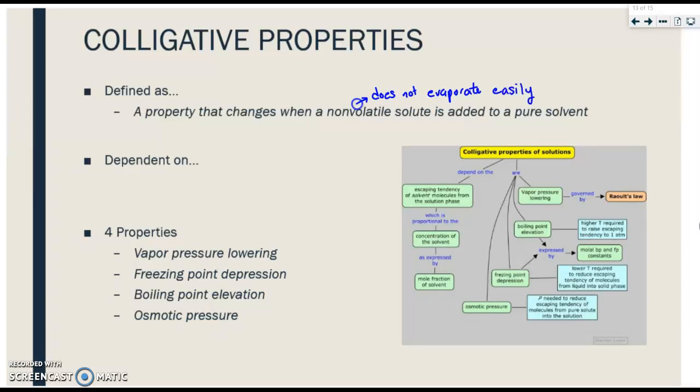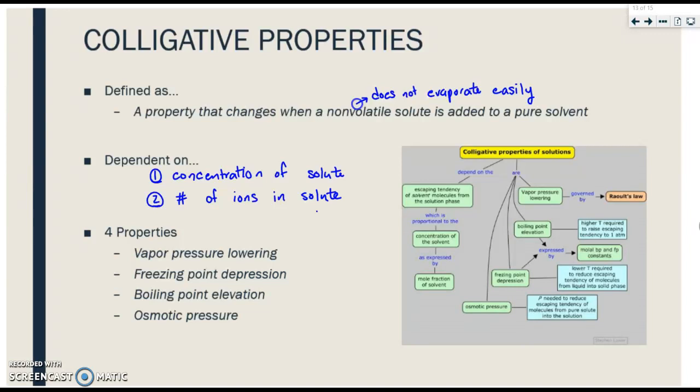It is dependent on two things. The concentration of solute as well as the number of ions in the solute.